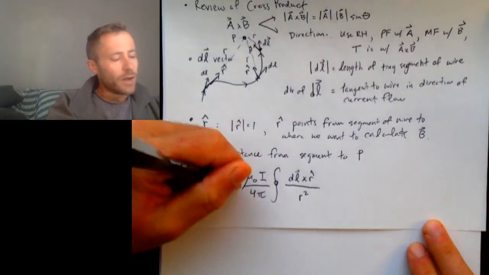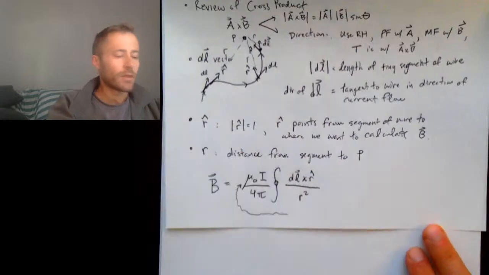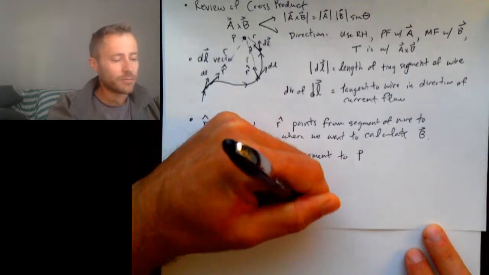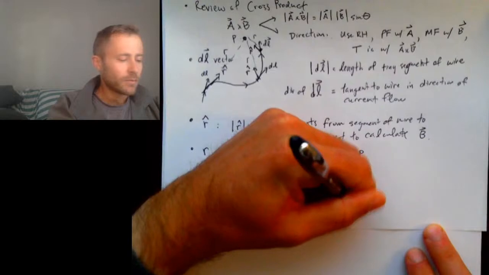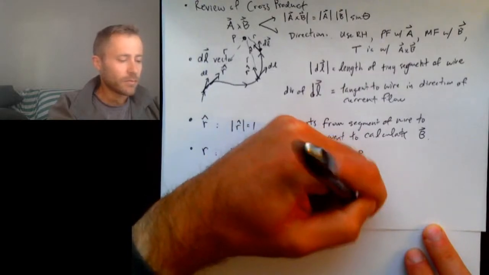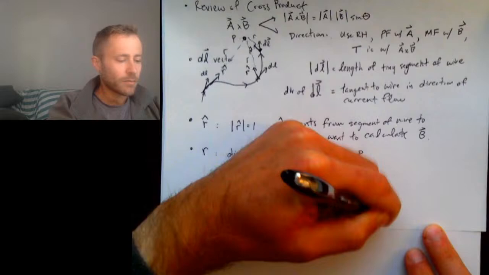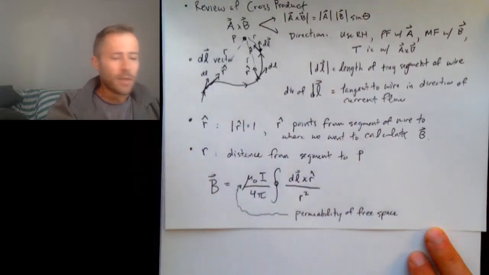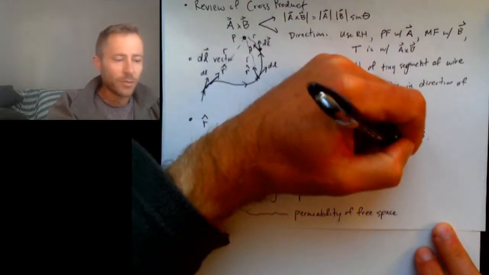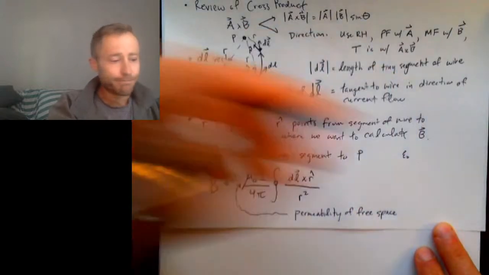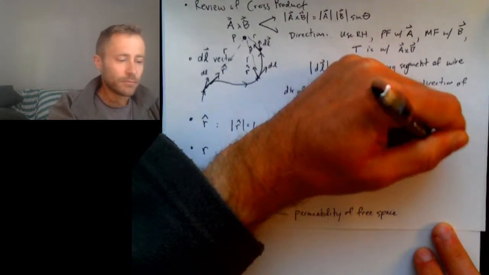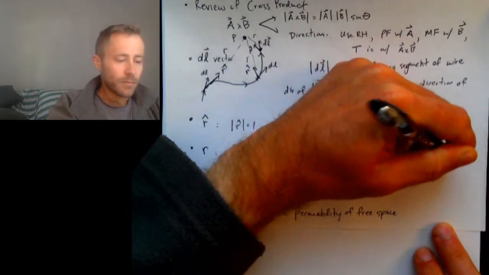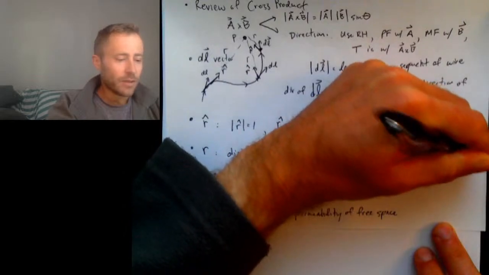So mu naught is called the permeability of free space. If you recall, epsilon naught was called the permittivity of free space.